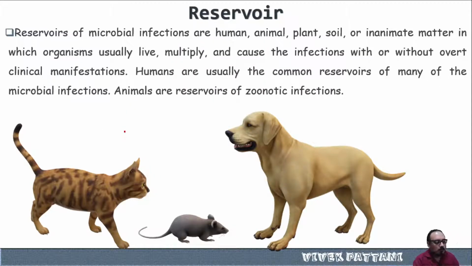Now moving towards the reservoirs. Reservoirs of microbial infections are humans, animals, plants, soil, or inanimate matter in which organisms usually live, and can cause infections with or without overt clinical manifestations.